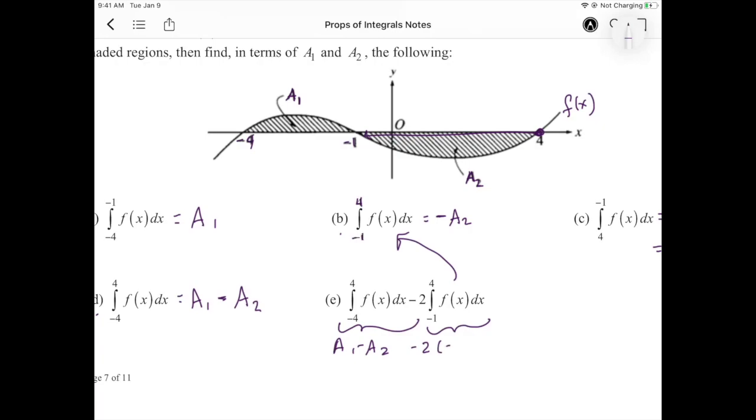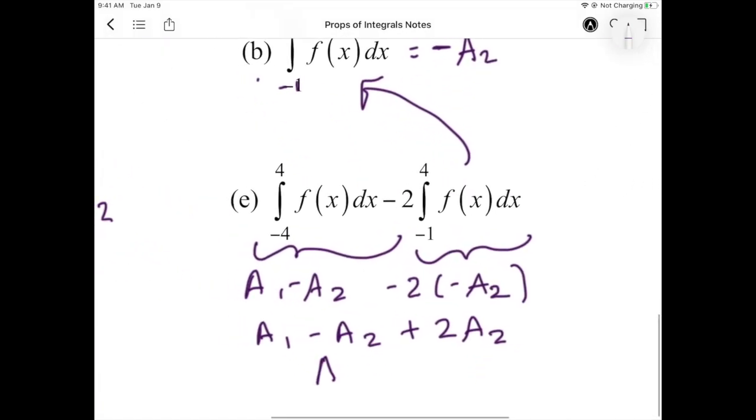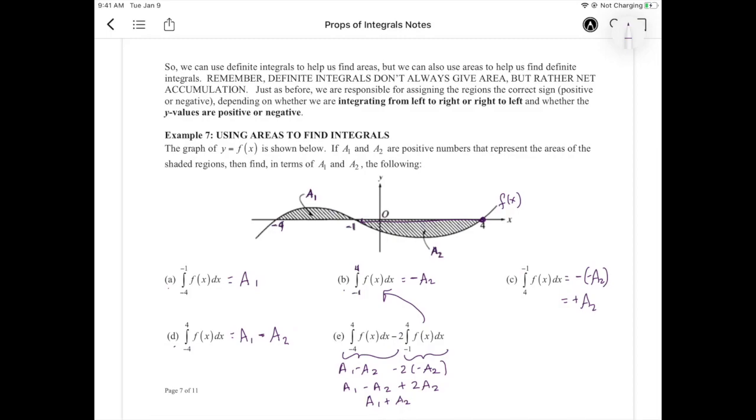So I can substitute in negative A2. So this becomes A1 minus A2 plus 2A2, which will end up being A1 plus A2. So that's kind of how we can manipulate the areas.